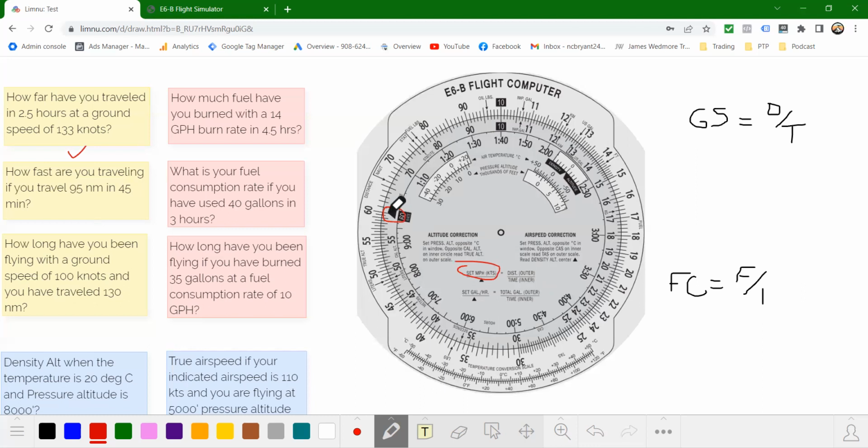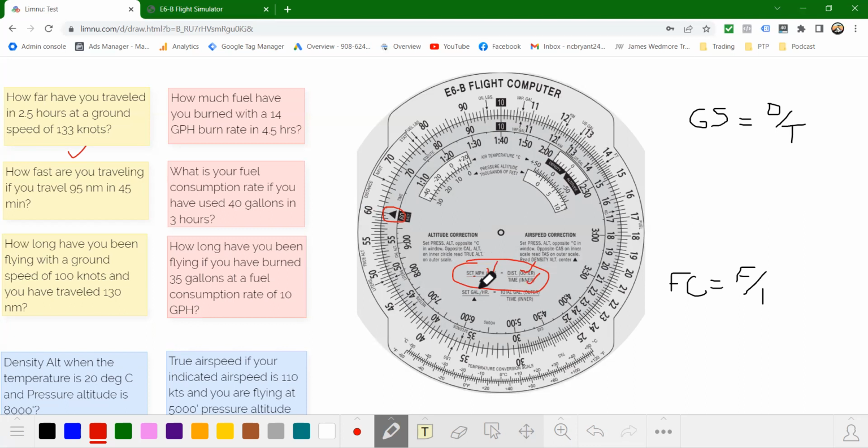our ground speed over the triangle. Right now that would be 60, but we're not lined up yet. That's all this is doing. There are 4 things here, right? There's this triangle, a ground speed on the outer scale, a distance on the outer scale, and a time on the outer scale.